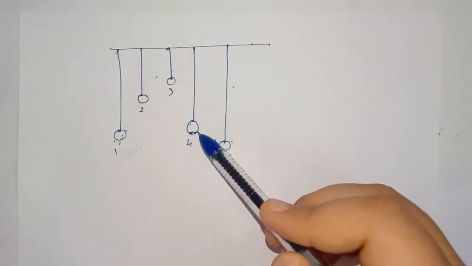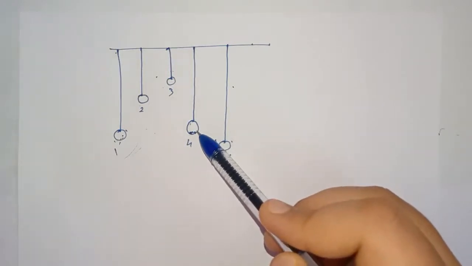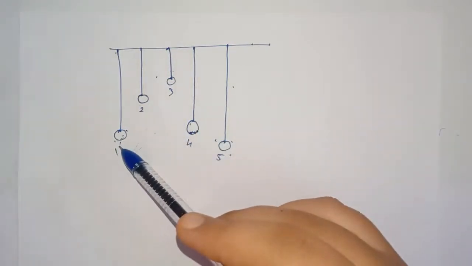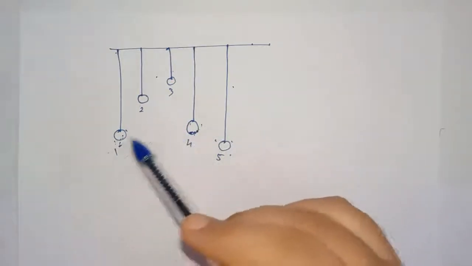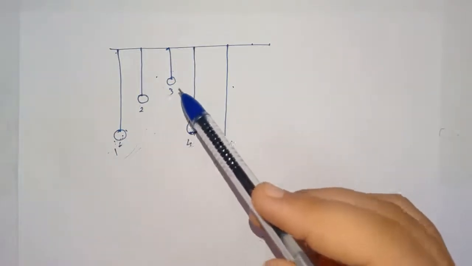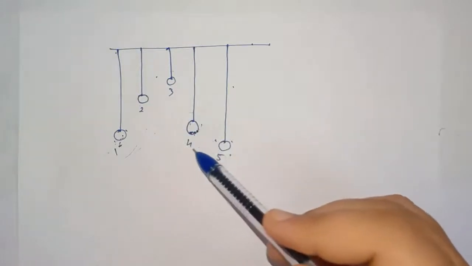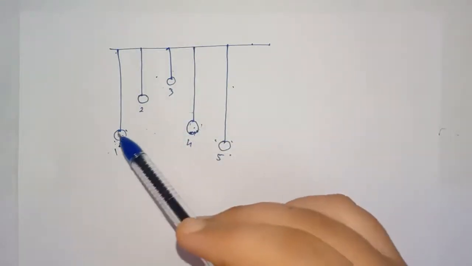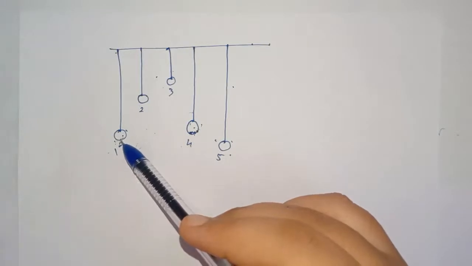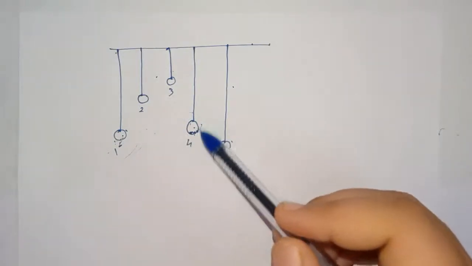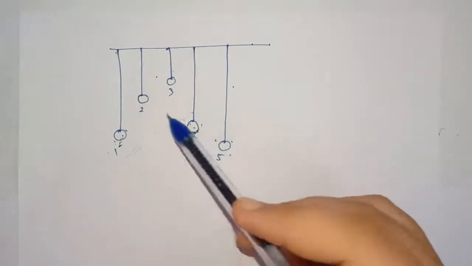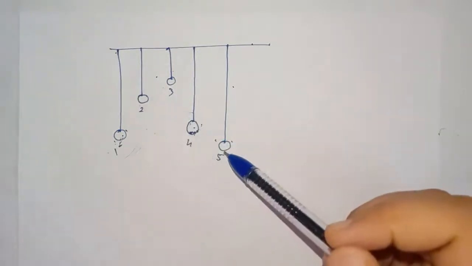The pendulum 4 oscillates with the same frequency as that of pendulum 1. As the lengths of both pendulums are same, their frequencies will be same, as the frequency of pendulum 4 is matching with the frequency of the driving force. So the amplitude of this fourth pendulum will be maximum compared to the 2nd, 3rd and 5th oscillators.